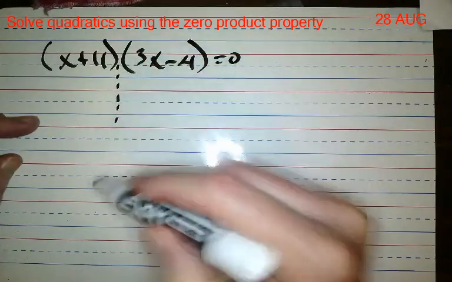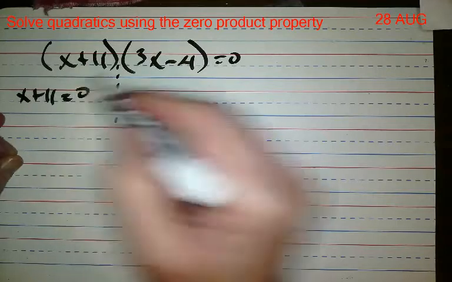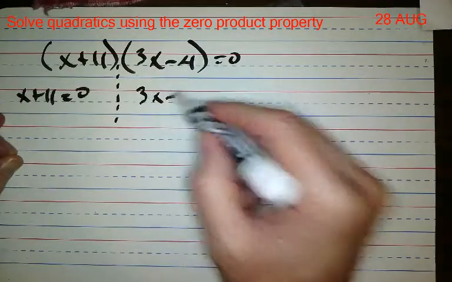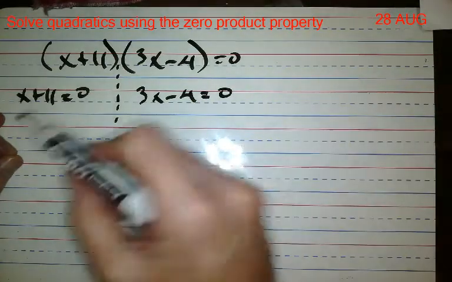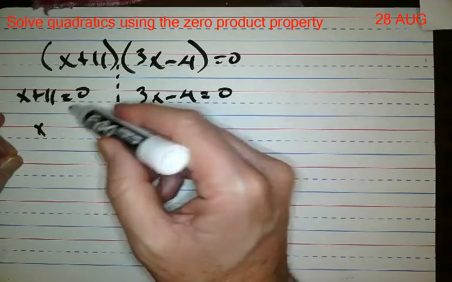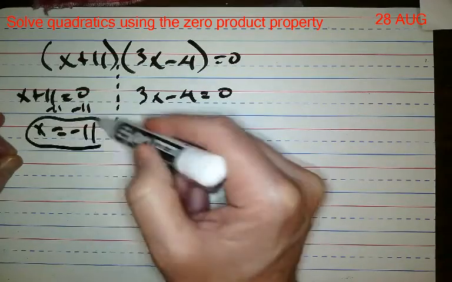So we cut it in half. We know that means one side equals 0 or the other side equals 0. That was the whole deal. That's what we started off doing. Well, this one's easy. I subtract 11. X equals negative 11. Yay, we're done.